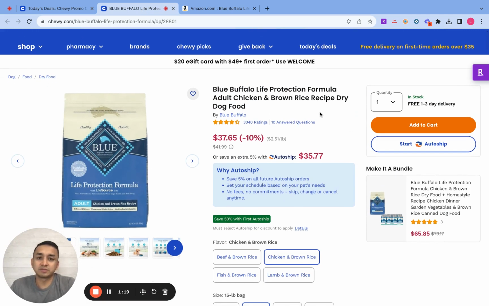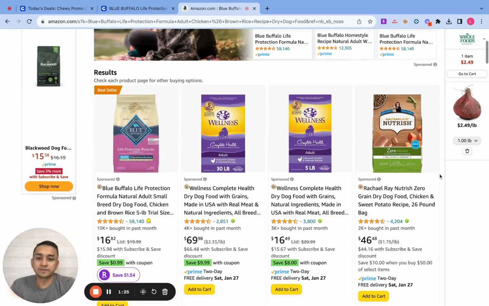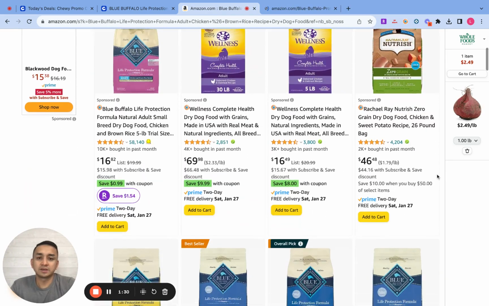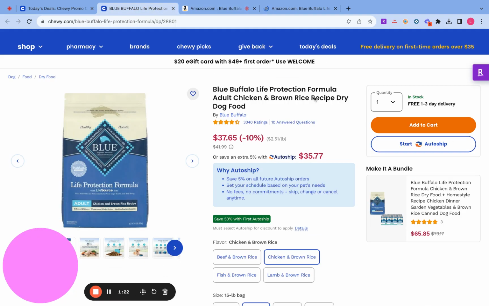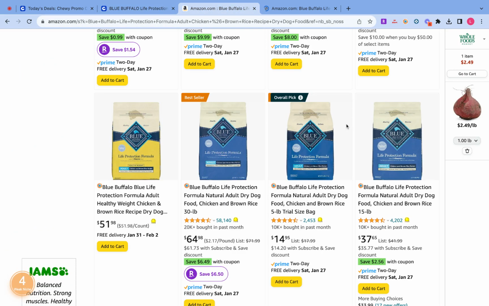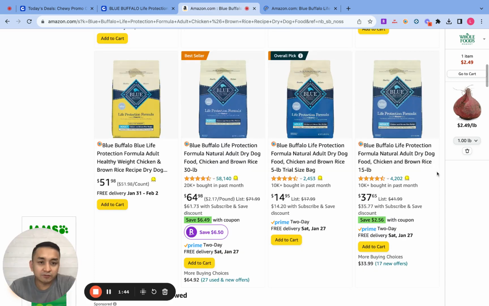So this one is a Blue Buffalo Life Protection formula. Is it this one maybe? Let's see. Oh, okay, there's more here. So this one is a 15-pound bag, which I think is this one.